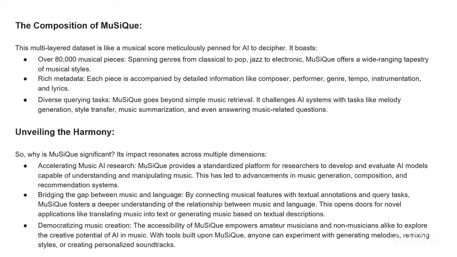Rich metadata. Each piece is accompanied by detailed information like composer, performer, genre, tempo, instrumentation, and lyrics. Diverse query tasks. MusicQ goes beyond simple music retrieval. It challenges AI systems with tasks like melody generation, style transfer, music summarization, and even answering music-related questions.